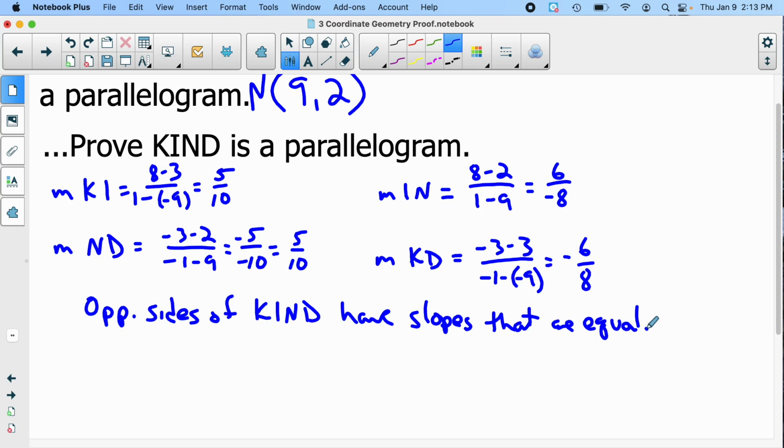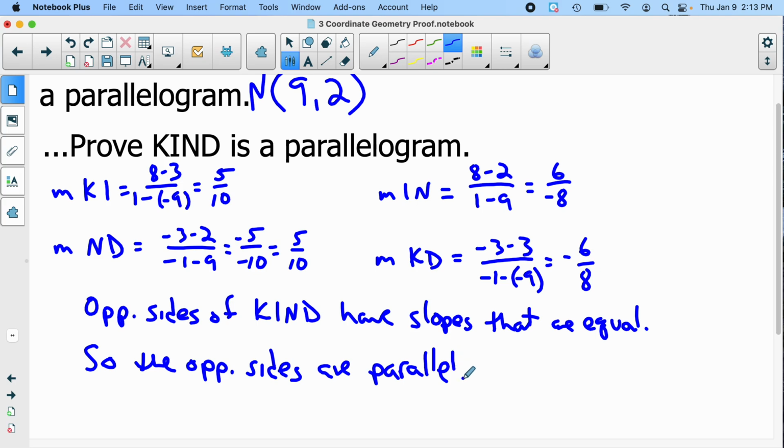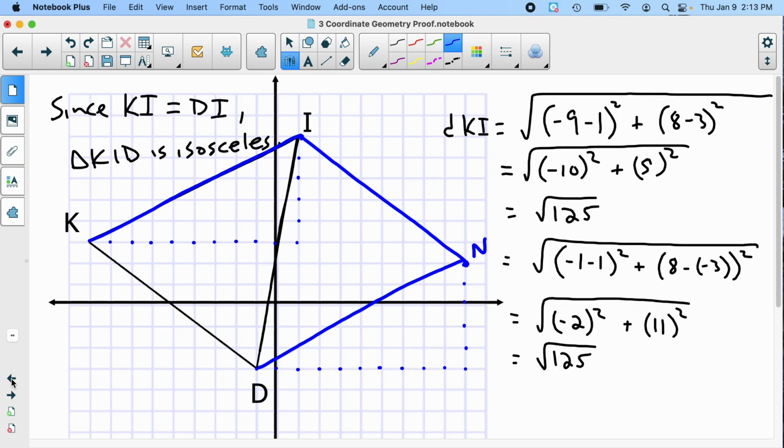Well, it means that sides are parallel. So the opposite sides are parallel. Great. And wrap it up into one final thing. So KIND is a parallelogram. In a proof like this, what you have to do is first prove one part and then use that to prove another part.